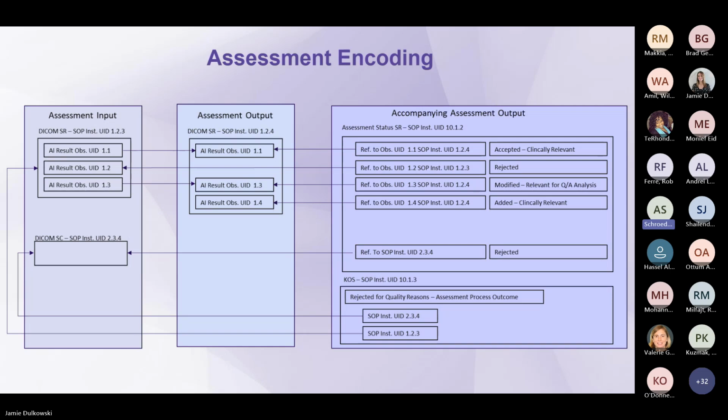And then the last step, as you can see below, is that we have a COS object created, which we title rejected for quality reasons, assessment outcome. And that references the 2 original AI results as invalid. So this was a 20-foot high-level overview of the profile.